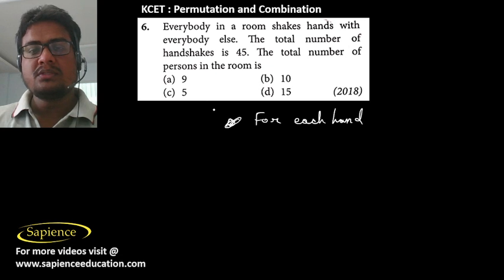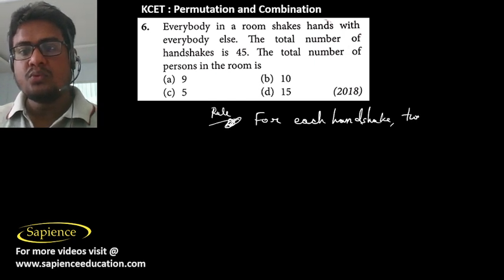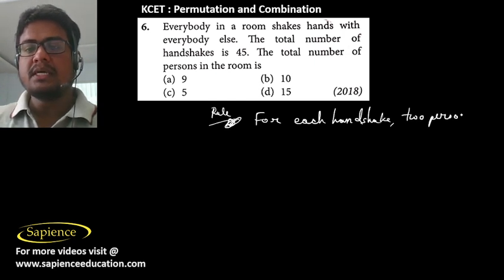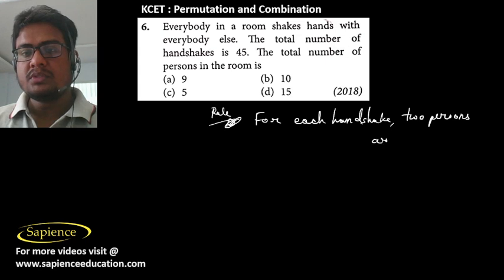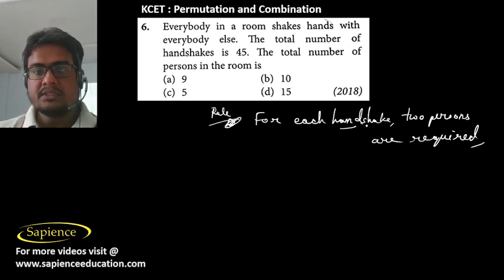So the rule is that for each handshake, 2 persons are always involved. 2 persons are required for each handshake.